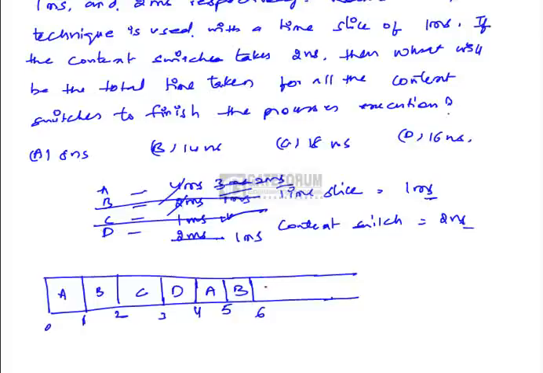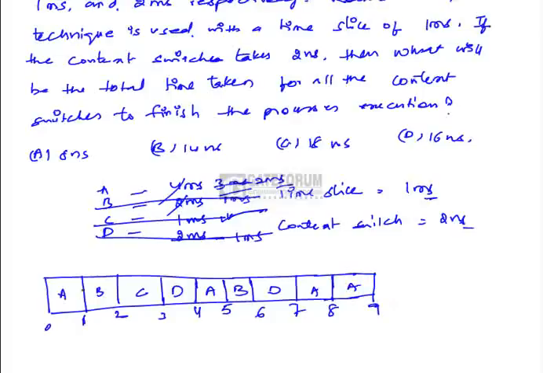And later D will be allocated. Process C is already completed, so the processor will be allocated to process D, and it will continue up to 7 milliseconds. Now D will be completed. After that again A will be allocated, and it will continue up to 8. After that also it will be preempted after the time slice. As there are no other processes, the processor is given again back to A, so it will continue up to 8.